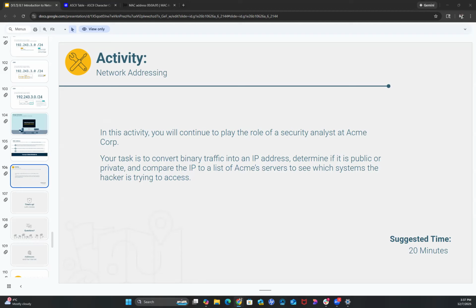Okay, let me say it in English. A MAC address is unique. Suppose there is a device of Apple and a device of Dell.